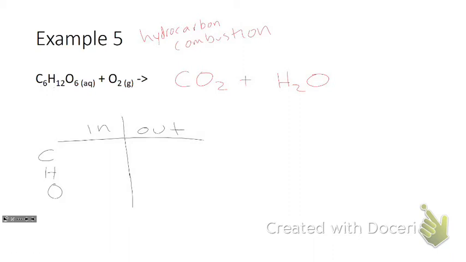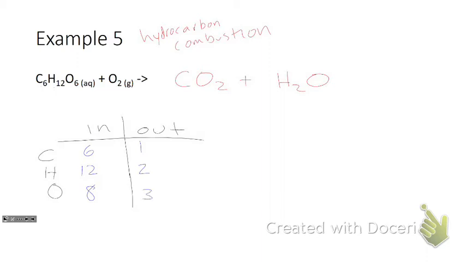Remember, if you're starting with oxygen, you're going to have a bad time, right? Okay, so going in, we have 6 carbons, we have 12 hydrogens, and we have 6 oxygens plus those 2, so it'll be 8. And going out, we have 1 carbon, 2 hydrogens, and 3 oxygens.